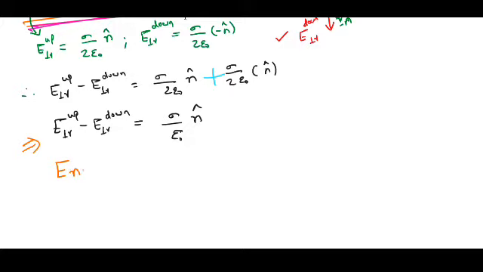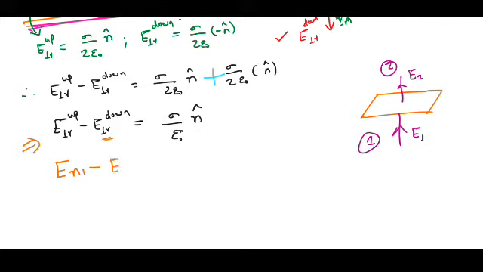E normal 1 means, if this is a charged sheet and I denote this as medium 1 and this as medium 2, and in medium 2 the electric field is represented by E2, then the normal component of the electric field in medium 1 is En1, and for E perpendicular down you use the normal component in the second medium, that is En2.